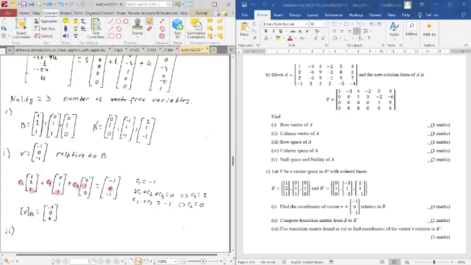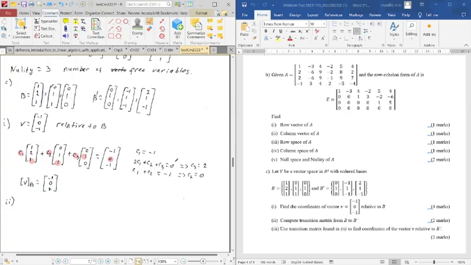After solving, we get C1 equals -1, C3 equals 2, and C2 equals 0. And we write vector V relative to the given set of vectors B. The coordinates of this vector will be -1, 0, and 2.